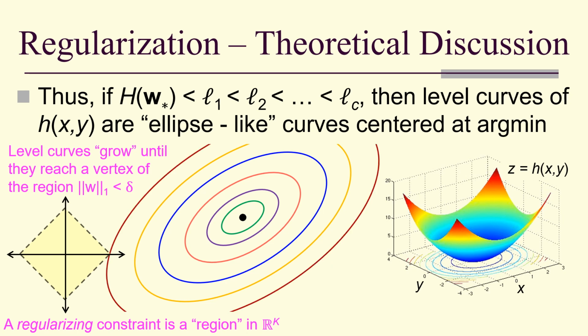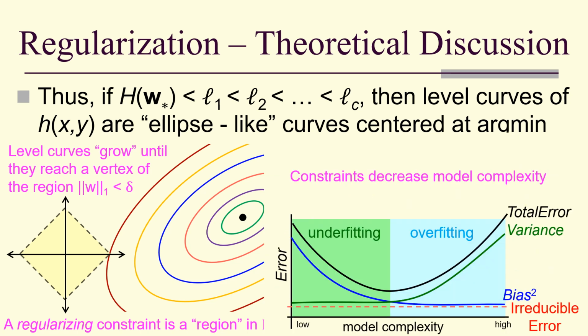And notice once they hit a vertex, then at that vertex, many of the coordinates are equal to 0. Now, this is intuitive again, but we can say more. These constraints decrease model complexity.